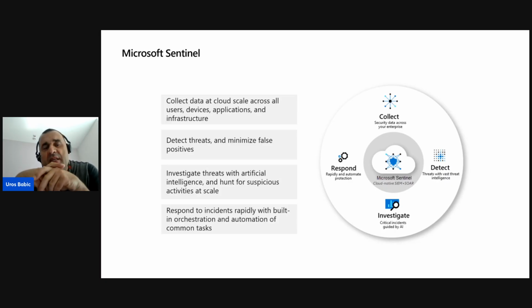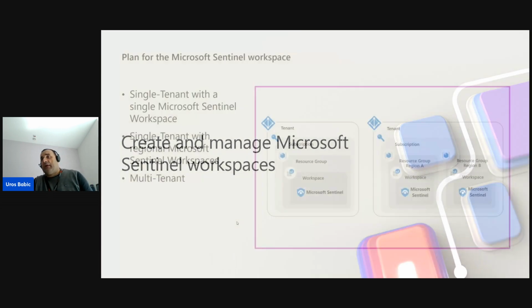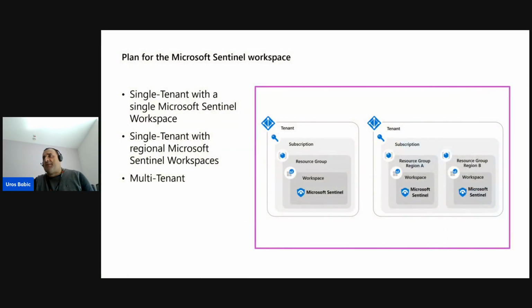Our aim is to minimize false positives, and many playbooks help us in that way. How we investigate threats and, with artificial intelligence, enhance suspicious activity, how to investigate incidents and respond with orchestration and automation.